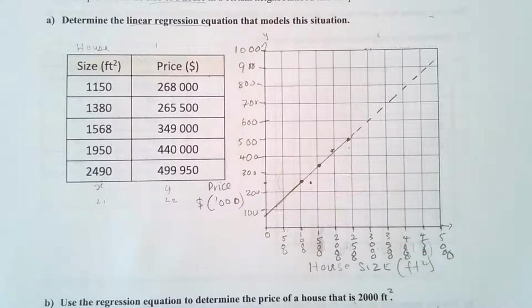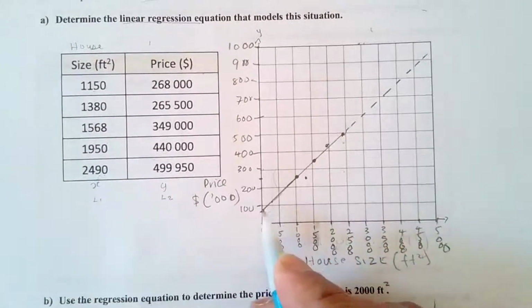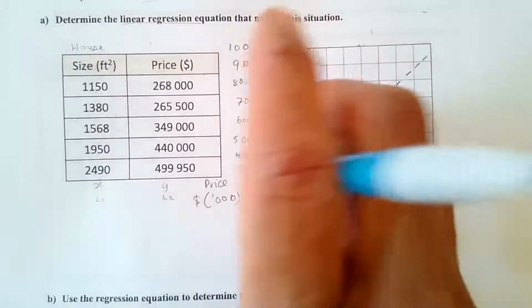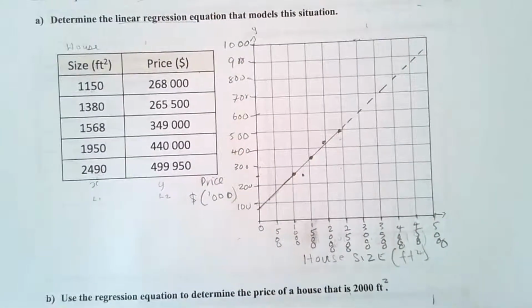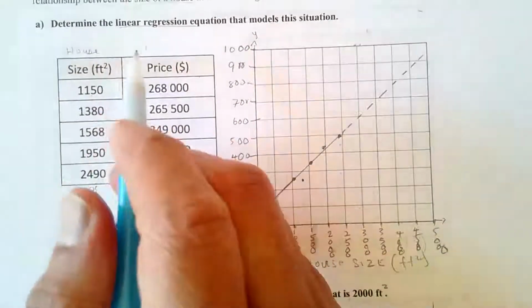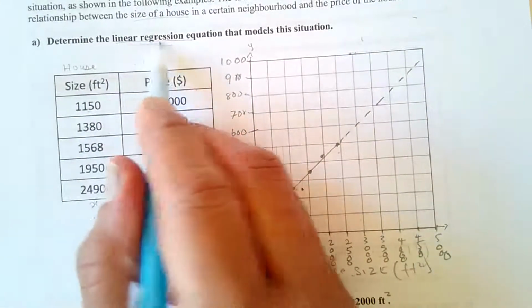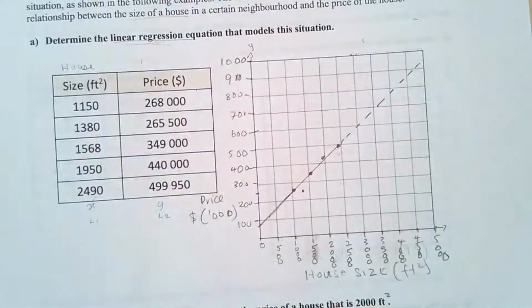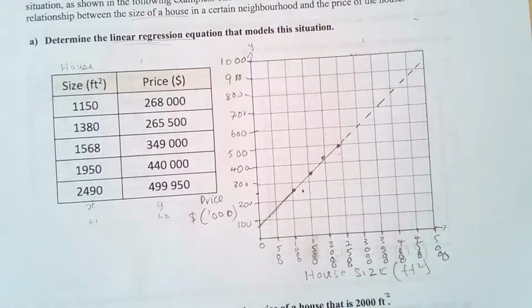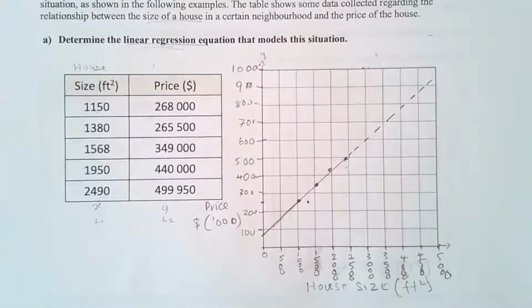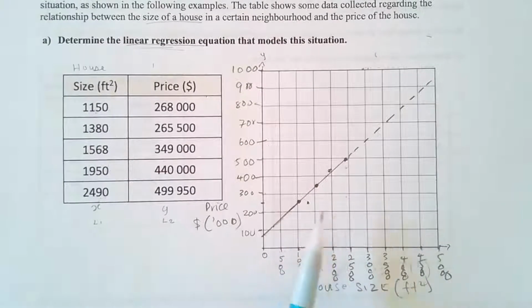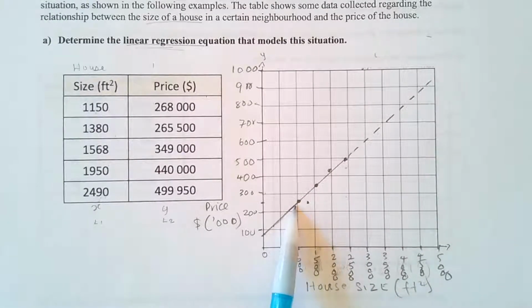Now you can determine it using the equation of a straight line, finding the y-intercept and then the slope. But because it's applied math, we will use our graphing calculator to find our linear regression. And this is where you will use our instructions that you have. There's also a set of instructions in your booklet on how to determine the linear regression using the graphing calculator.